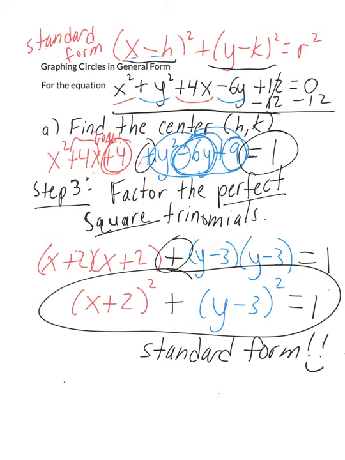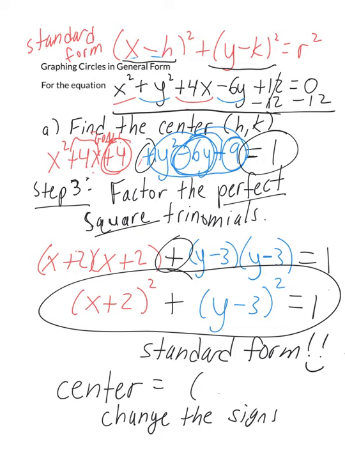And now that it is in standard form, it's going to be very easy to find the x's, or excuse me, the center and the radius. So the center of the circle, once you have the equation in standard form, the trick was to just simply change the signs of the numbers trapped with x and y.